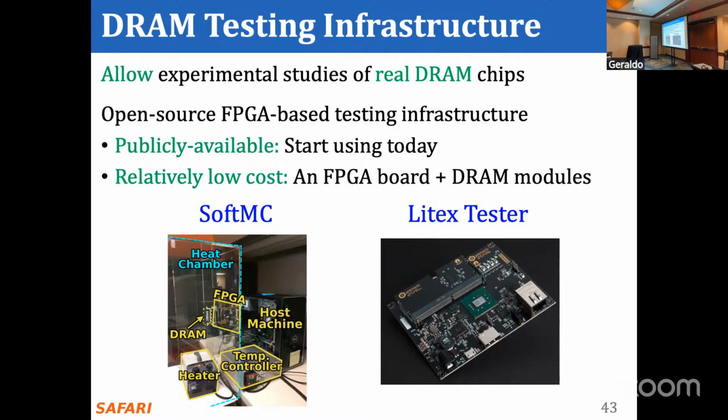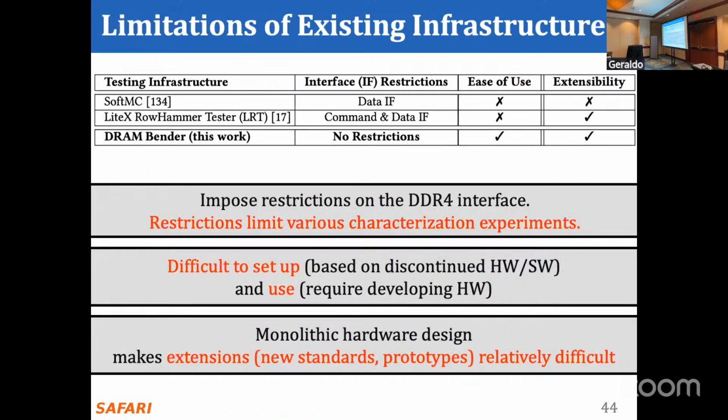So it's quite a cheap infrastructure to use and gather insight. Now, the open source infrastructures then had limitations such as interface restrictions, which would prevent you from running all sorts of experiments and studies. But I'm not going to go into details of those. Ease of use limitations.